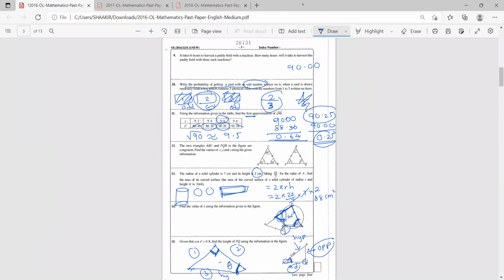For this angle, this side is close by, very close to that angle, so the second one is the adjacent side. And the first one is the opposite. So the first one is the opposite side, the second one is the adjacent side, and the third one is the hypotenuse side. This is how you should identify the sides.